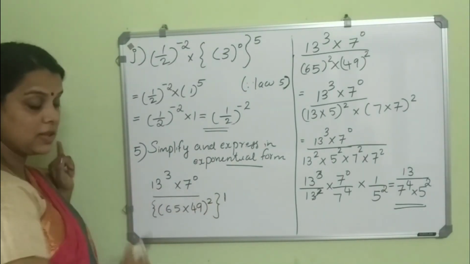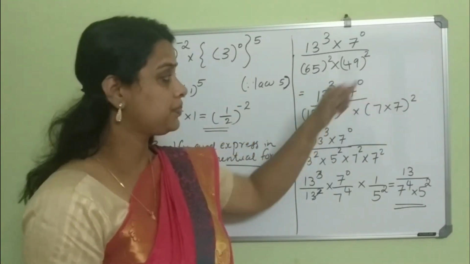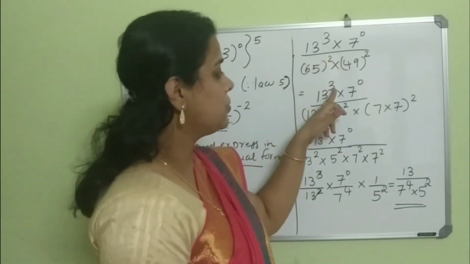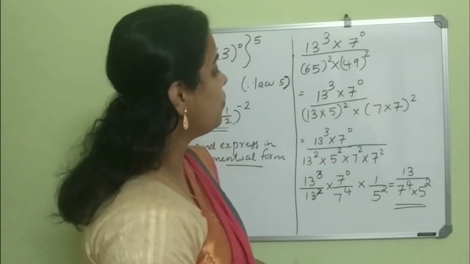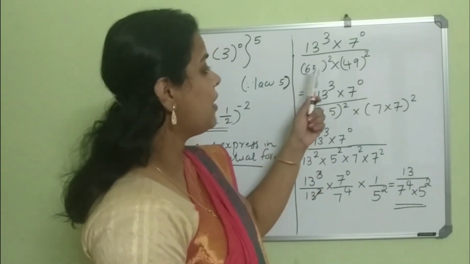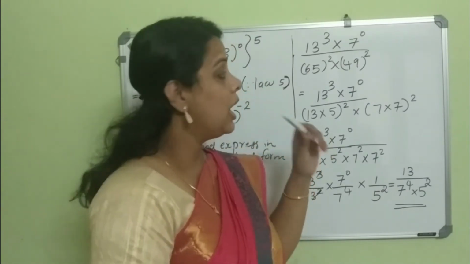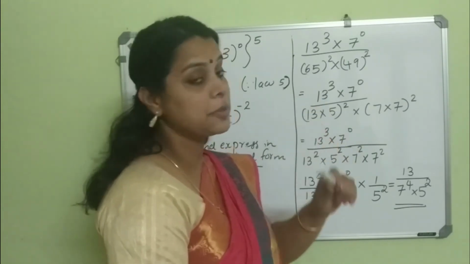Now we are splitting this one, 65 square into 49 square. Now 13 raised to 3 into 7 raised to 0 stays as it is. Now we need to check 65 and 49. We have done it already first, how to make the numbers in an exponential form.